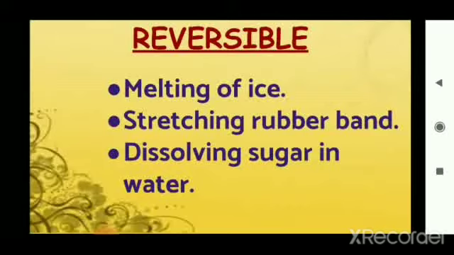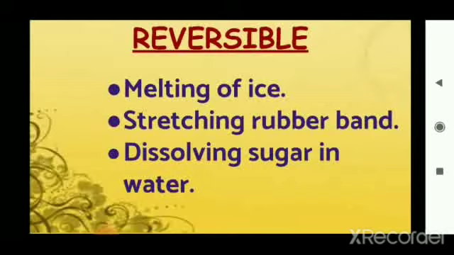When we stretch a rubber band and leave it, we get the original rubber band. When we dissolve sugar in water and evaporate that solution, we can get back the sugar. These all are examples of reversible processes.